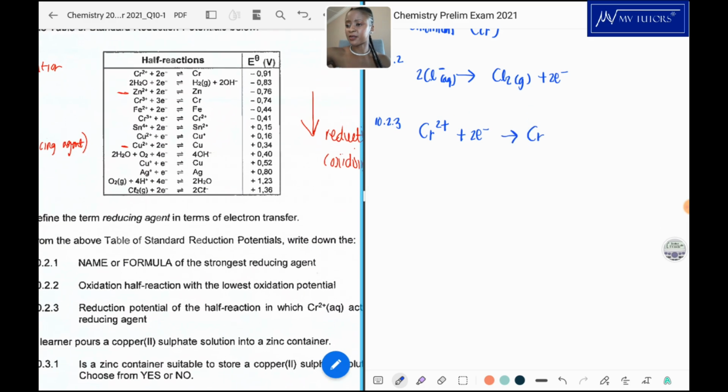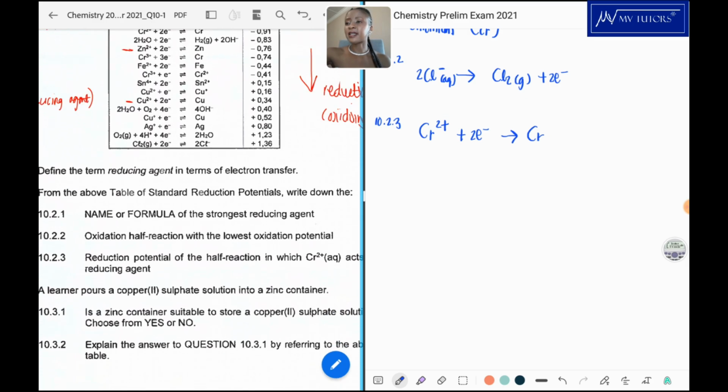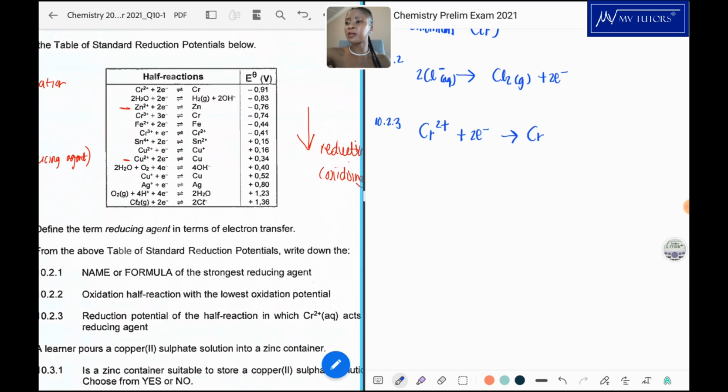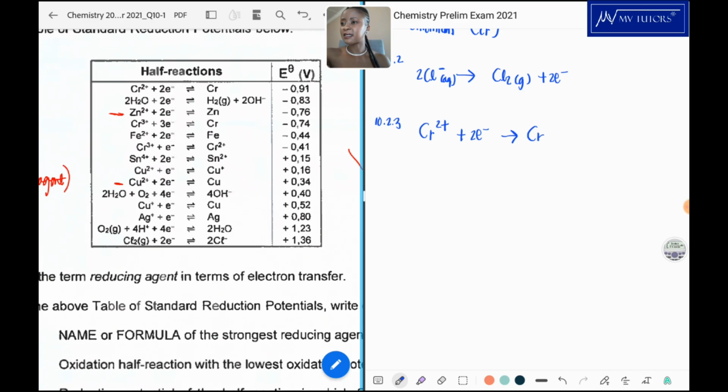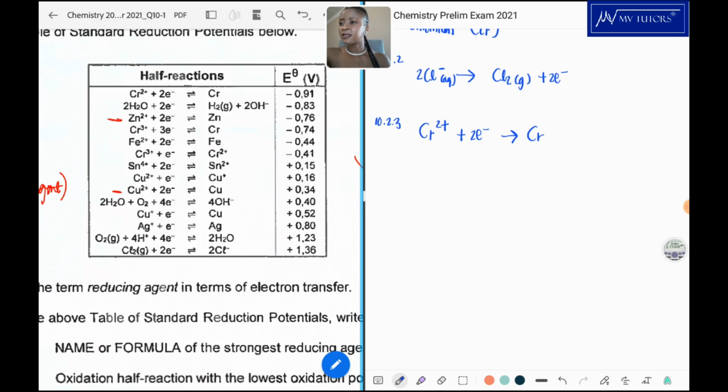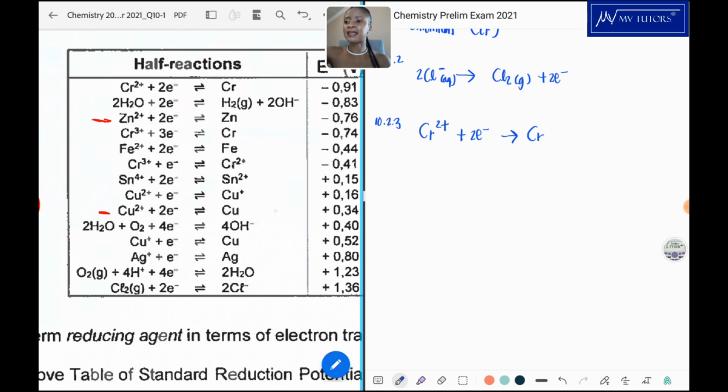Let me just read the question again. Yes, for chromium 2 plus. And then the other chromium 2 plus that we see, we have chromium 3.